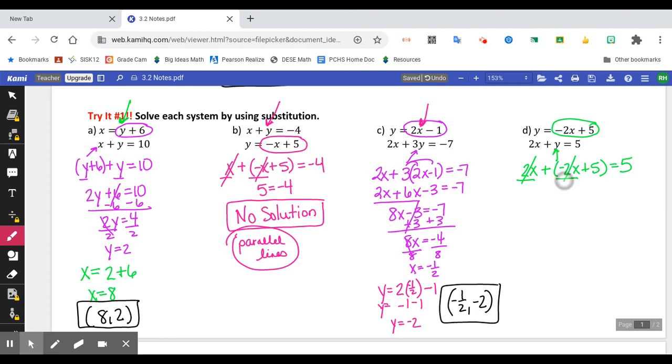Well, those are going to be gone because it's 2 minus 2. So I have 5 equals 5 left over. Those are the same. So these would be infinite solutions because everything would work. And again, on a graph, I hope you're thinking that these would be the exact same line.